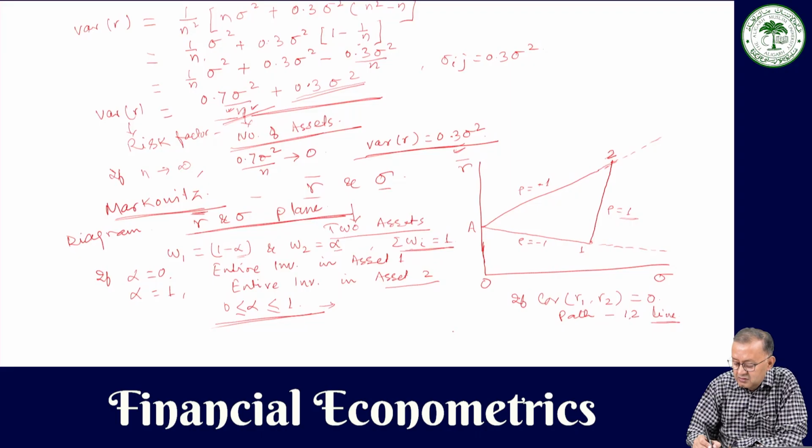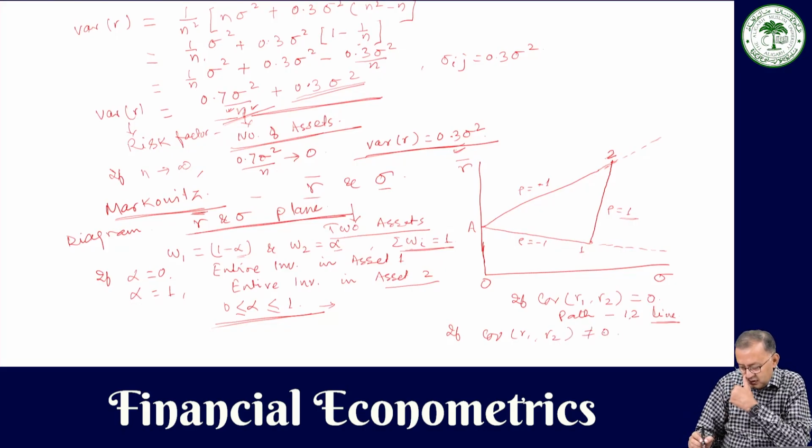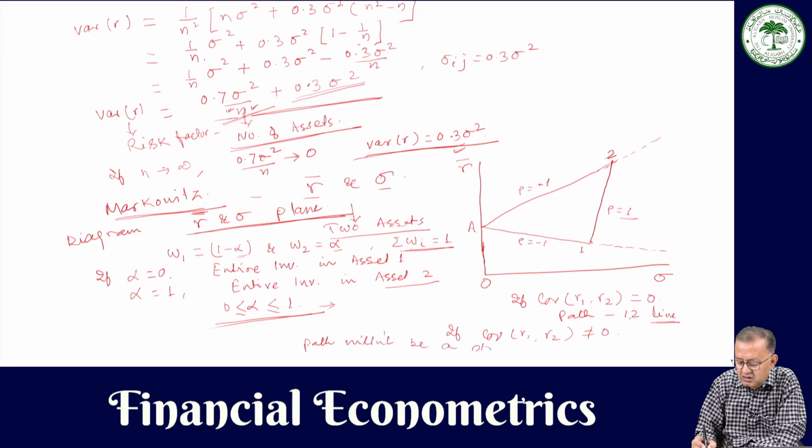Now if the covariance between the return on the two assets R1 and R2 is not equal to 0, the path will not be a straight line like 1, 2.